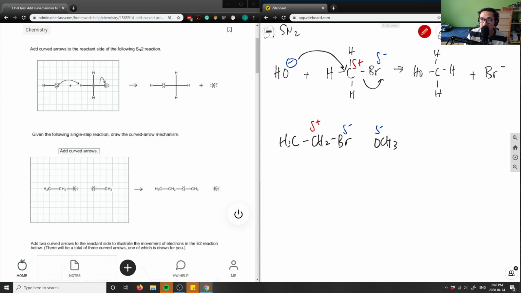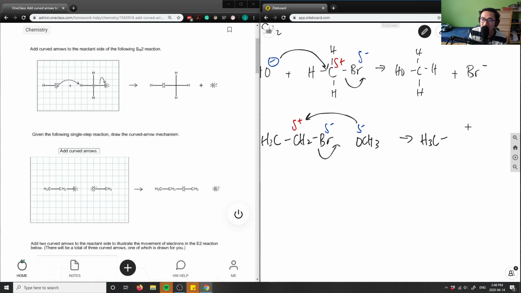So again, this is another SN2, right? This oxygen is going to come attack this carbon and kick out this bromine. So I'm going to get an H3C that's not affected, then a CH2, and then OCH3 would be my answer, and I get bromine as the side product.